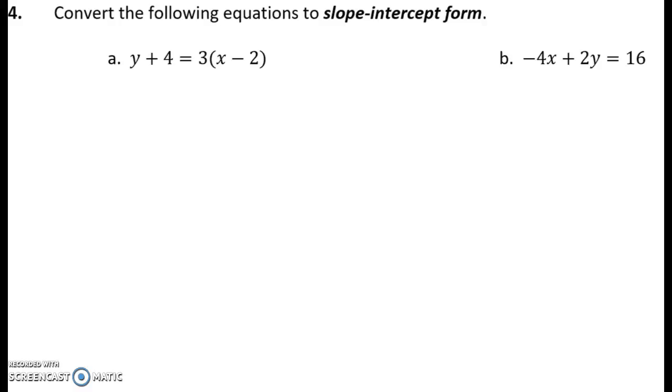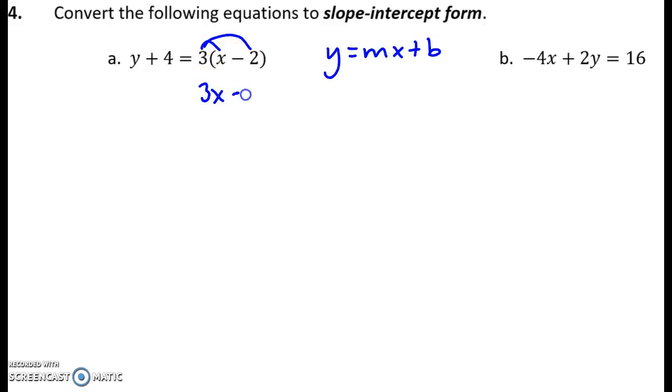In problem number 4, it says convert the following equations to slope-intercept form. So in slope-intercept form, that is y equals mx plus b. Currently, as we see this is in point slope. So first thing you want to do is distribute to get rid of the parentheses. 3 times x is 3x.